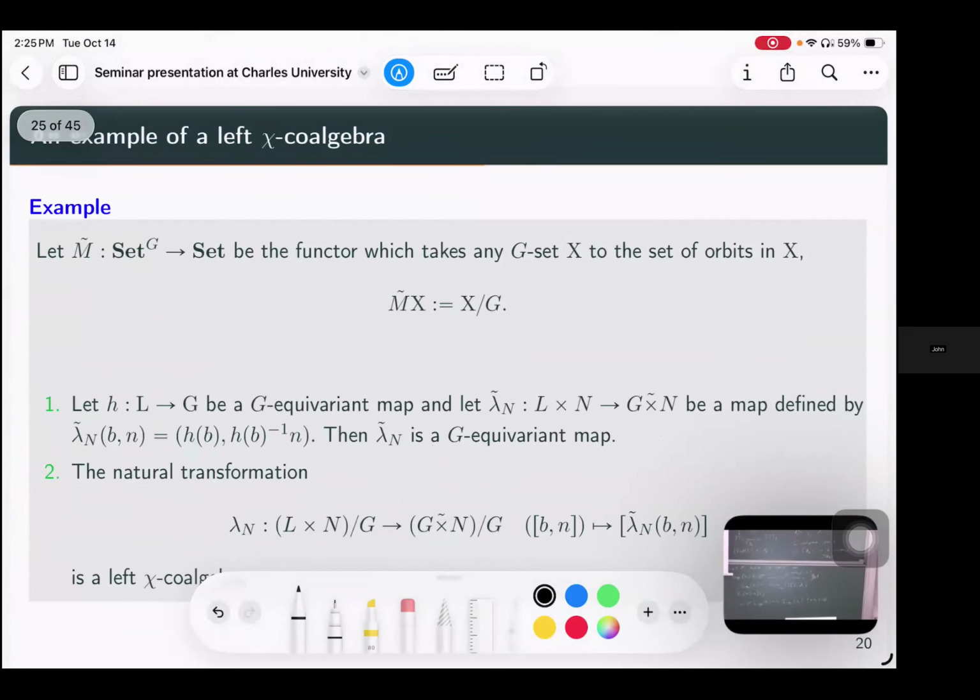And I'll give you an example of a left chi algebra using the same chi that we've seen before.